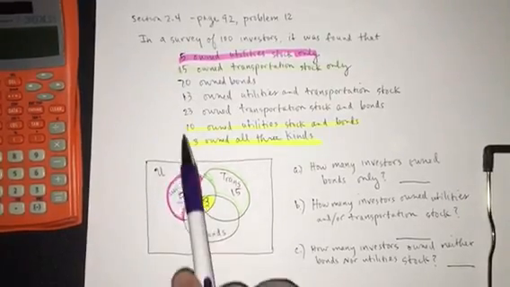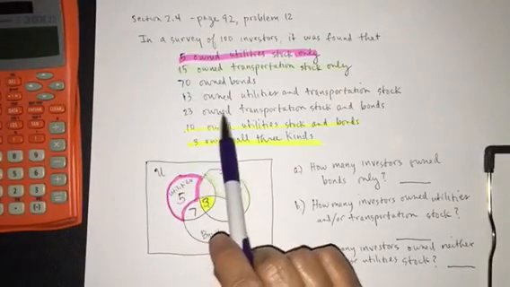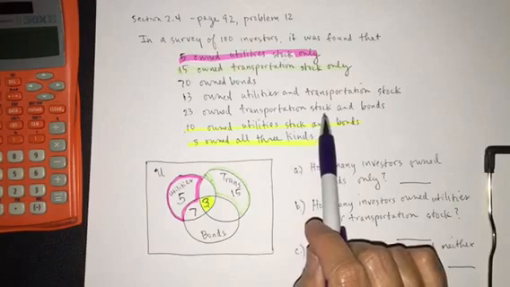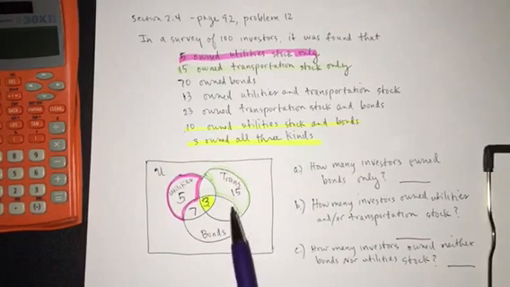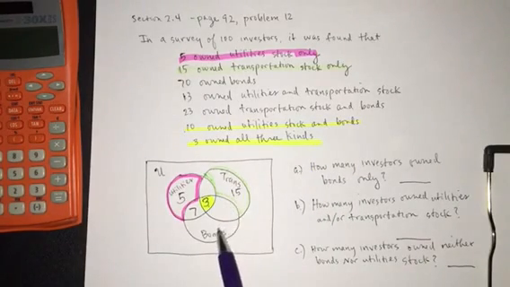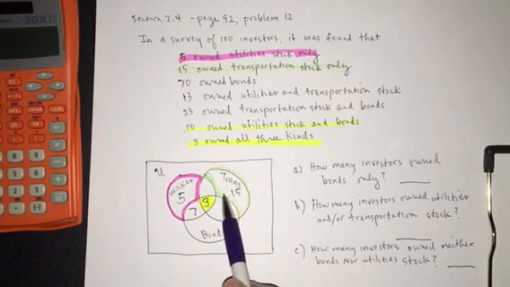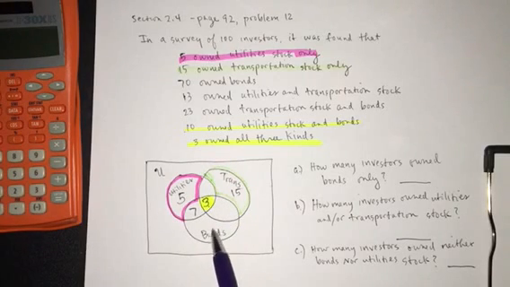On the next line, from the bottom, 23 owned transportation stock and bonds. So transportation and bonds, that's the intersection of this circle that has a little green in it and the bond circle. Now, from that 23, 3 people are already counted.